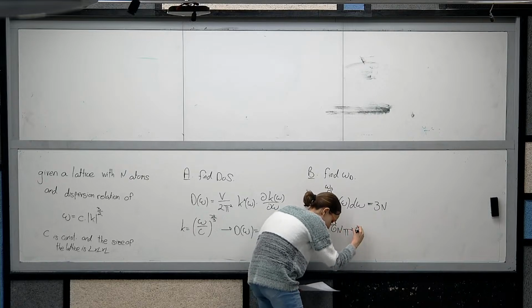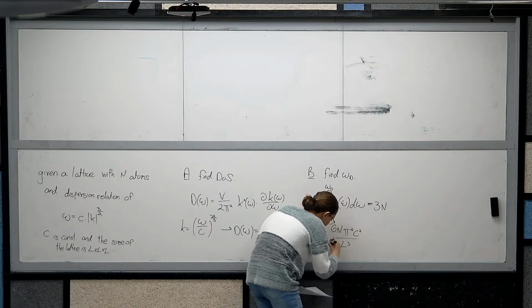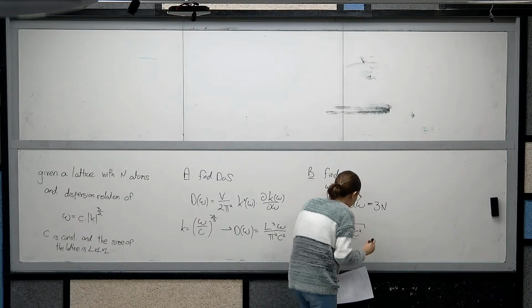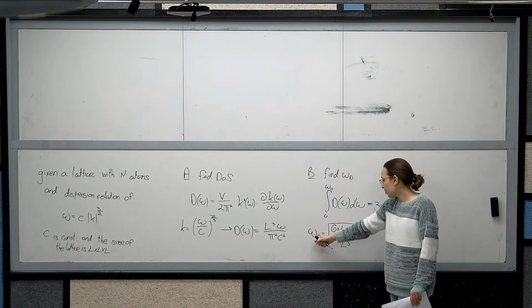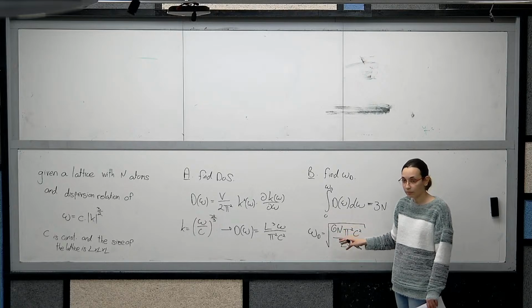6n pi squared c squared divided by m to the third. So we have the dependency of omega d on this n, the number of atoms.